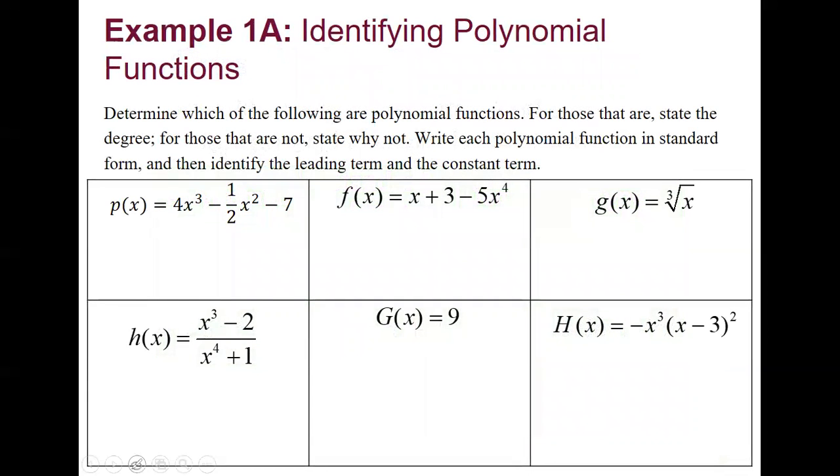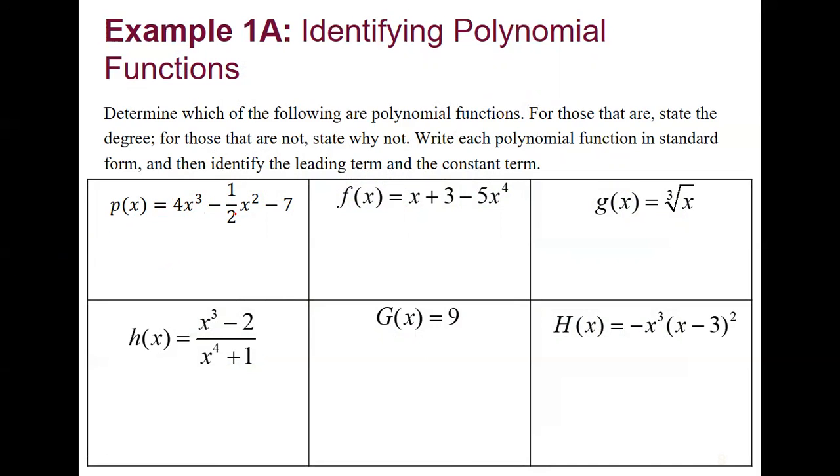All right, so we're going to go through and classify. We're going to determine whether it's a polynomial, state its degree, state the number of terms, and identify the leading coefficient. So here, is P of x a polynomial? P of x is a polynomial, right?